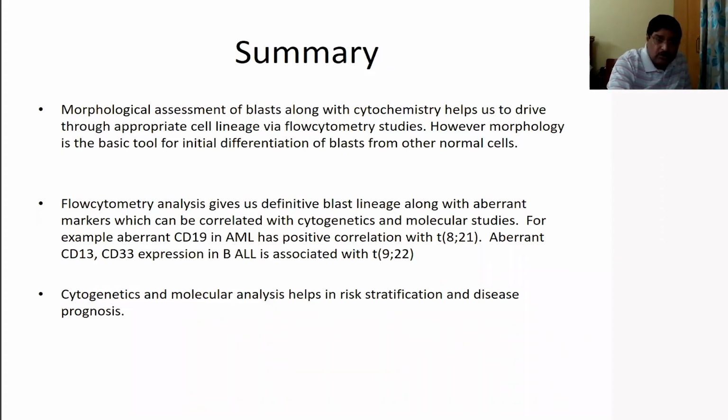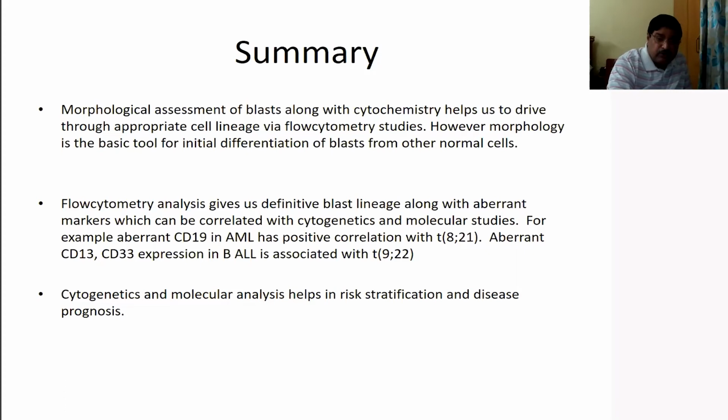So WHO has also taken care of the developing countries by keeping, like as I mentioned, AML with morphologically defined entities or differentiation. So in the fourth edition, 2017 classification, everything becomes AML, not otherwise specified, if you do not do the cytogenetics and molecular genetics.